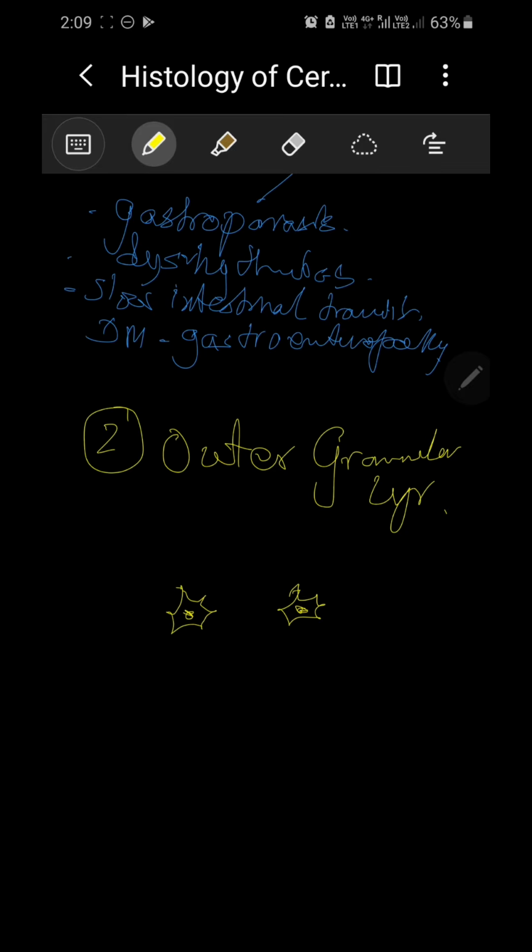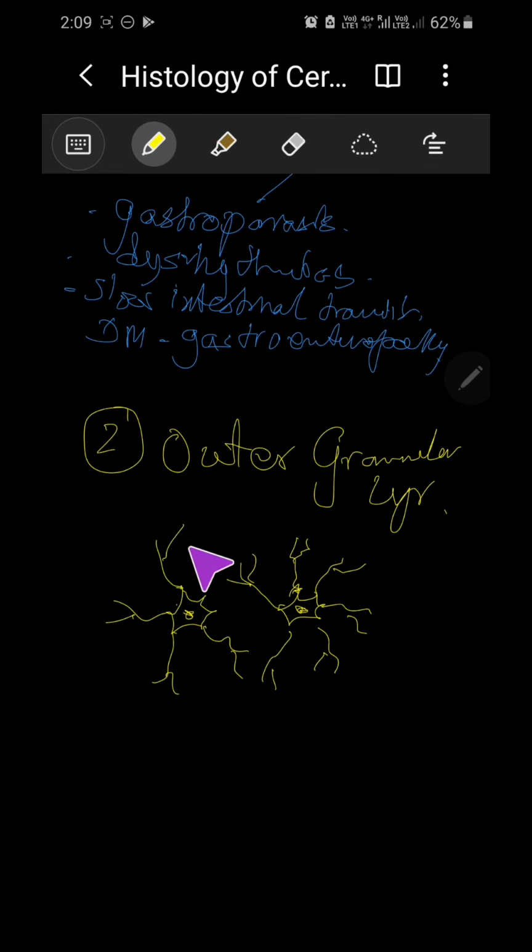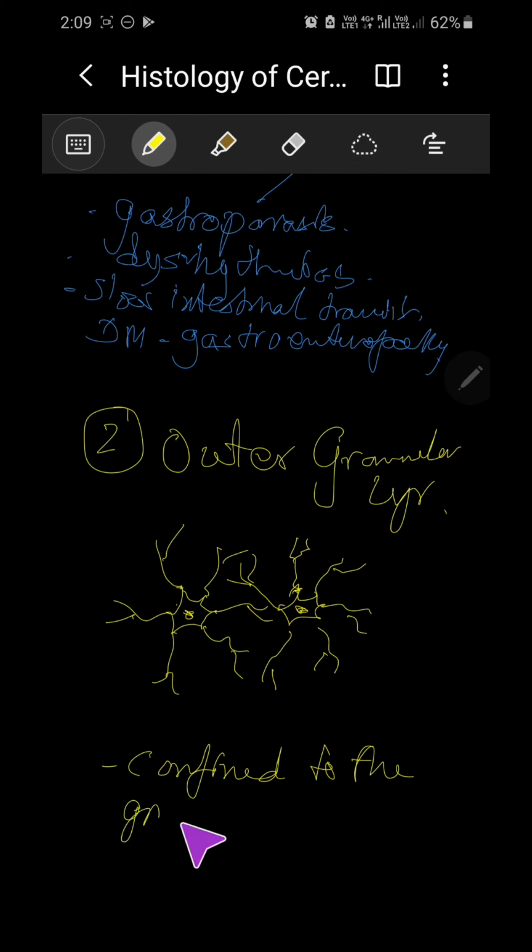They are actually stellate cells, but because they're so small they appear spheroidal, and they have radiating dendrites. Because the dendrites are spread out radially in different directions and are small, they are confined to the gray matter.